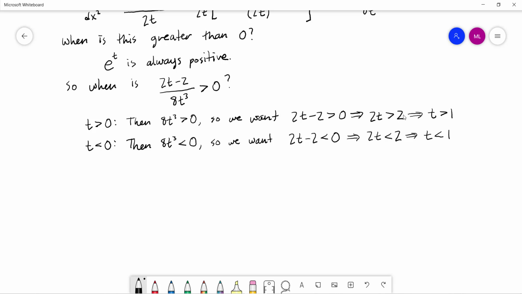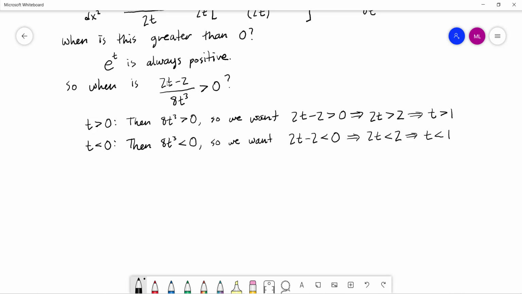Now, we run into a little bit of an issue here because in this case, we have this region where it's saying we need t to be less than 1. But over here we have t has to be less than 0. So, for example, if I picked a point that was t equals a half, we satisfy this.